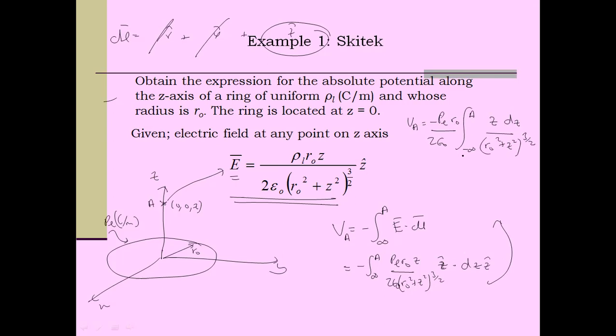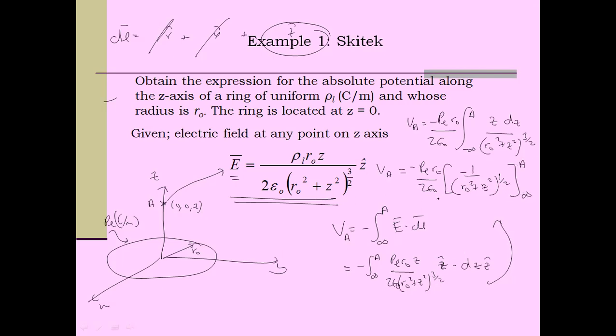This integration will require the use of an identity, in which VA is negative rho L R naught over 2 epsilon naught, and this will give us negative 1 over R naught squared plus Z squared to the power of half, from infinity to the point A.